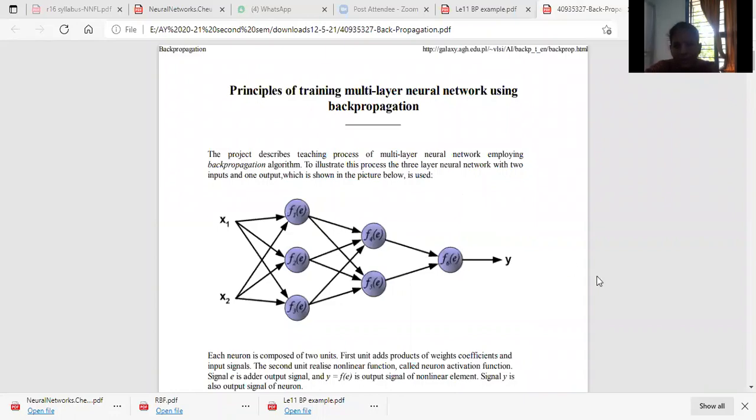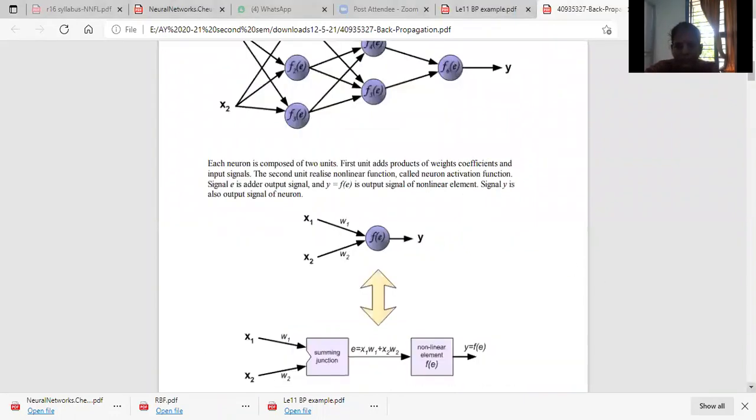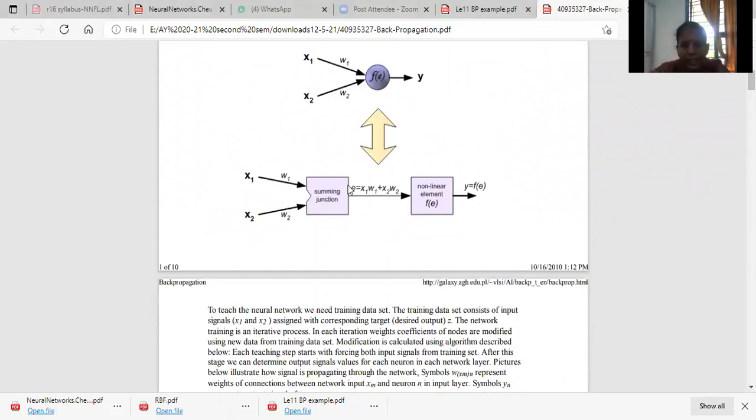In the backpropagation algorithm, we have learned that once you evaluate e = W1 x1 + W2 x2, you feed this to your nonlinear element, which gives you your output y = f(e).